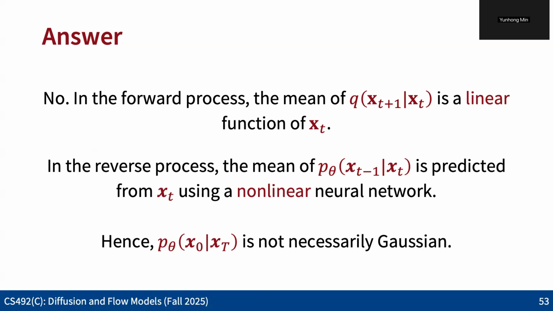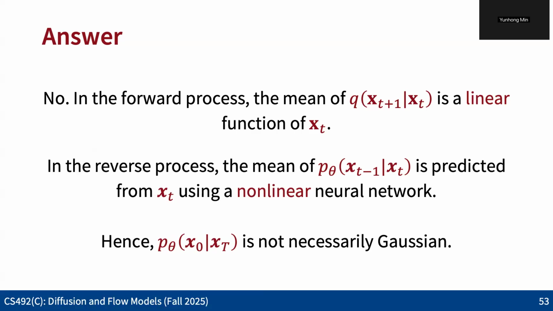So we are making the learning of the reverse transition as simple as possible, while still having expressibility in the likelihood distribution by stacking these reverse transitions. So that's the key idea in the diffusion models.